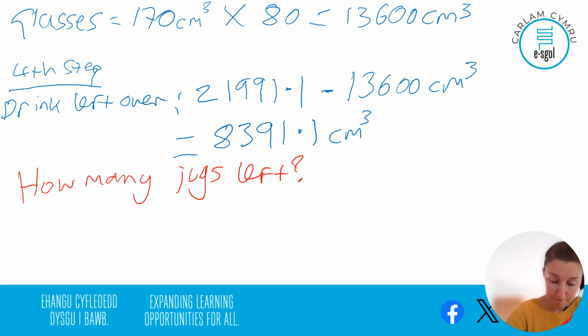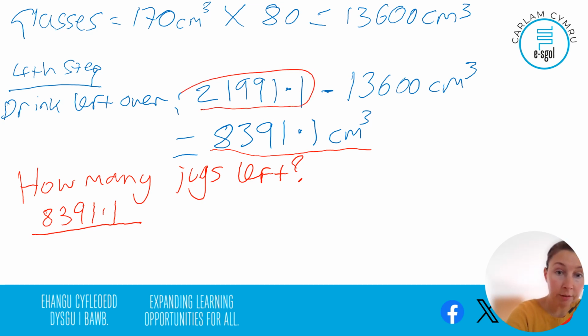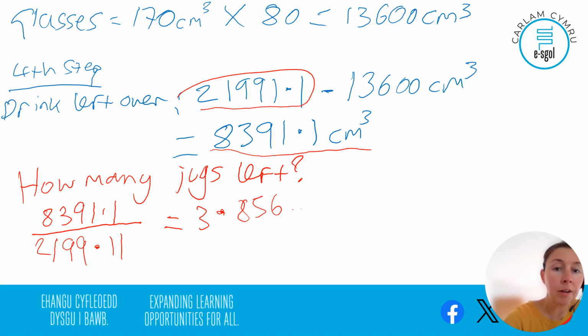So we take the sum, this one here, 8391.1 over this total here, 2199.11 for 10 jugs, and your calculator will give you the answer of 3.856 and so on and so forth.